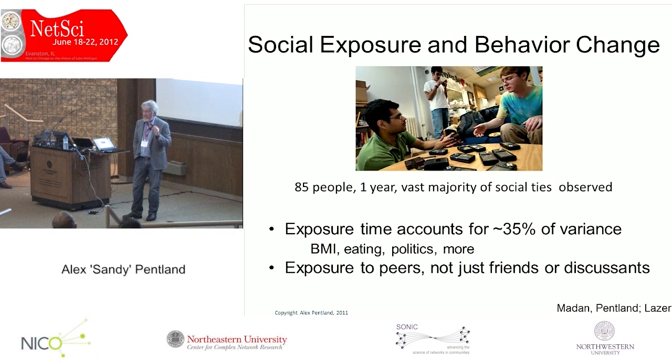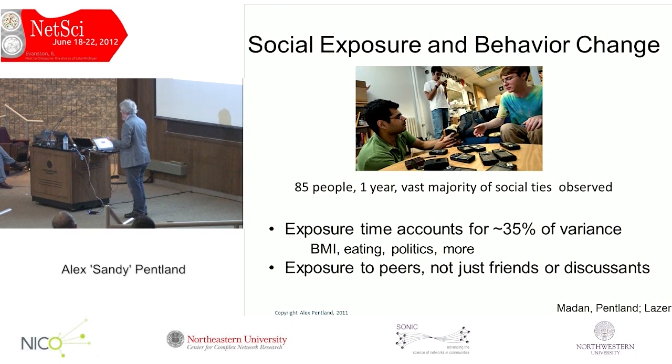When we look at this, we find no statistical significance between what your friends do and what you do. In a much larger study, you might find the statistical significance that they found. But we found the much more powerful effect was through exposure. So when you're in Rome, you tend to do what the Romans do. If it means taking that third slice of pizza, you take the third slice of pizza.